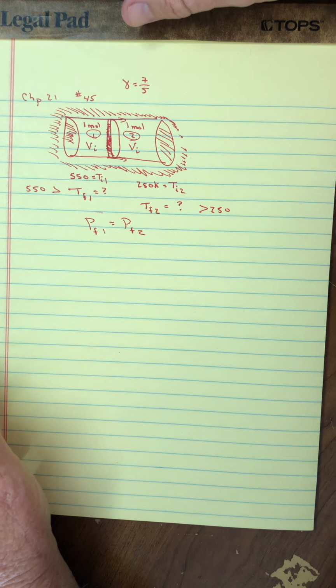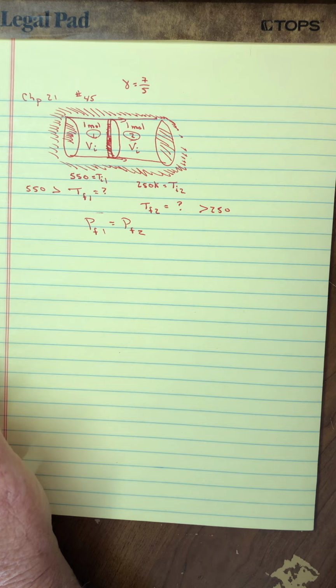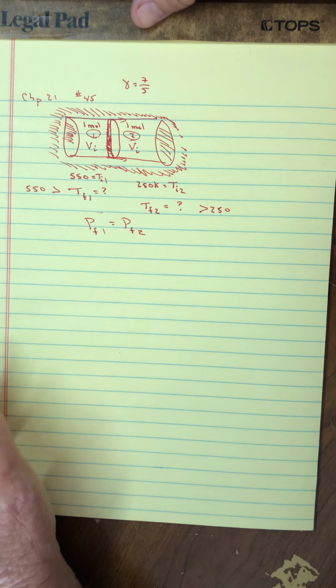Now, they give us 2 equations in number 43. Maybe I'll do the one in part B, because part B has to do with temperatures, whereas part A has to do with pressures and volumes.